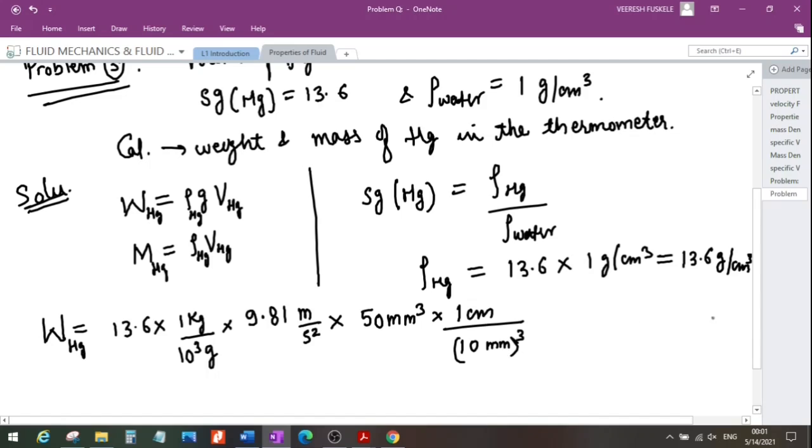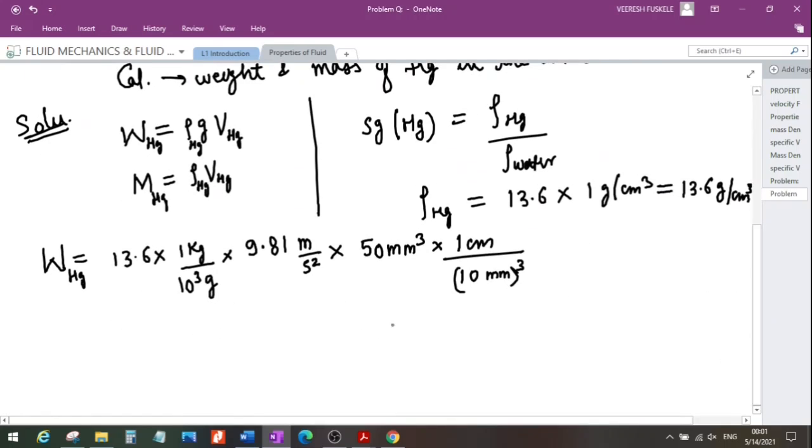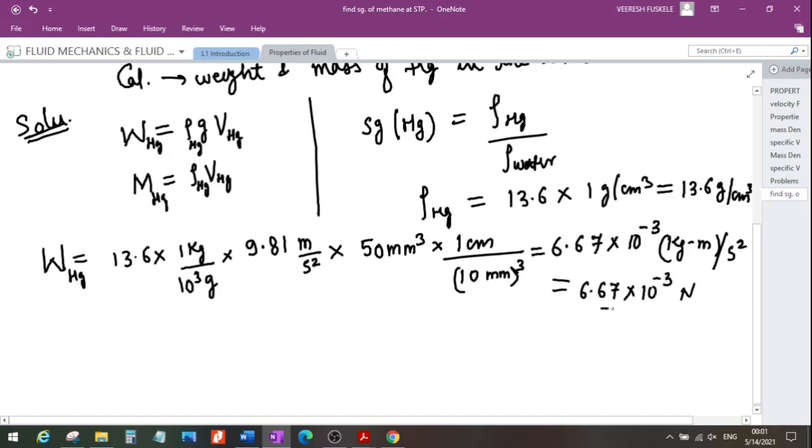So this is just I have taken care of the unit conversion. So ultimately this will come out to be 6.67 into 10 raised to the power minus 3 kg meter per second square, right? This will be simply 6.67 into 10 raised to the power minus 3 newton. So this will be the weight of mercury.